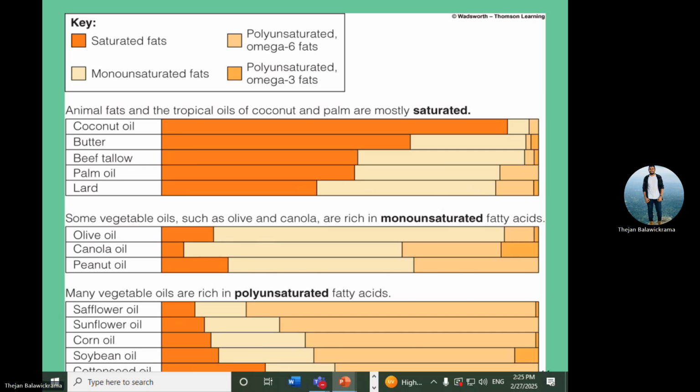Butter, less than that. When it comes to olive oil, less amount of saturated fat. So the composition changes from substance to substance. That is for you to have an idea about the composition of saturated, unsaturated, monounsaturated, polyunsaturated fats.